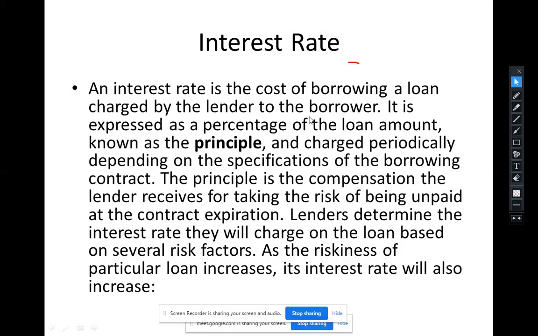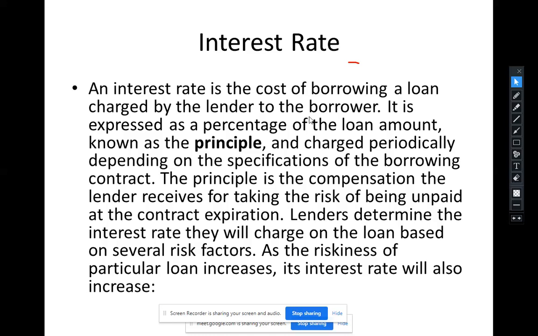Now let's talk about the interest rate. An interest rate is the cost of borrowing a loan, charged by the lender to the borrower. You might be asking what this has to do with the forex market. Let me tell you.